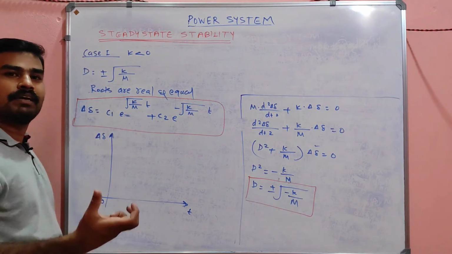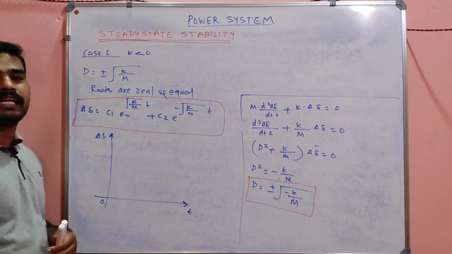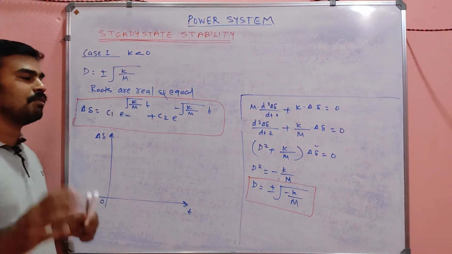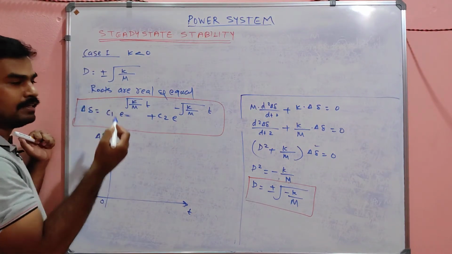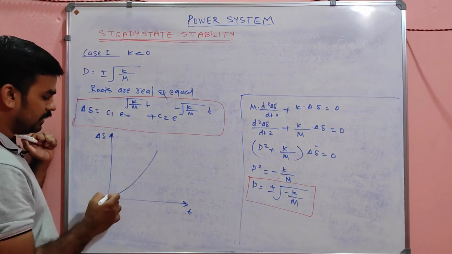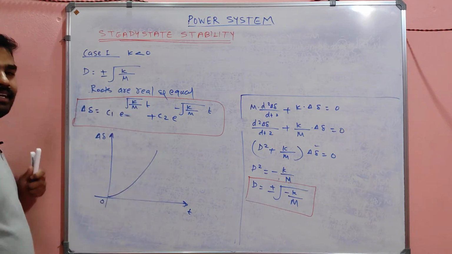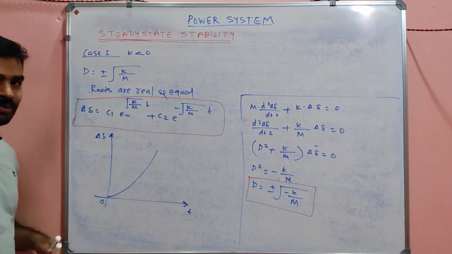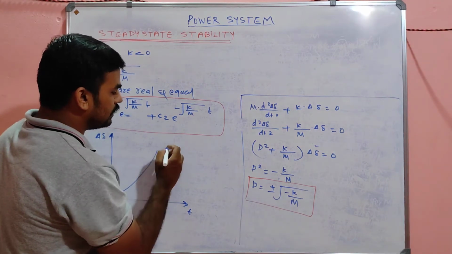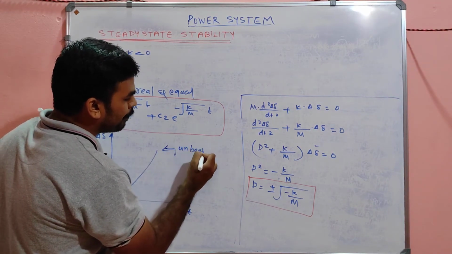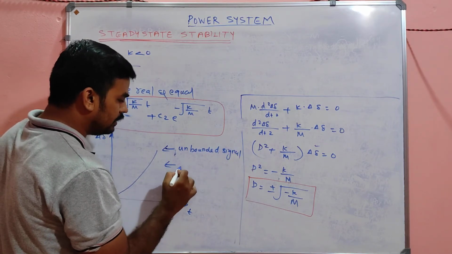That means when you disturb the system, at that time itself the time starts. So for t greater than 0, only this term will exist. So it will be an exponentially increasing system. C1 e raised to something into t means it's an exponentially increasing signal. So this will be the output of the system, and finally we found that this is an unbounded signal. So finally this signal is unstable.